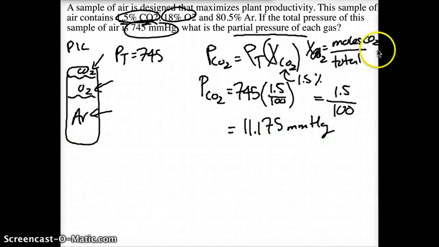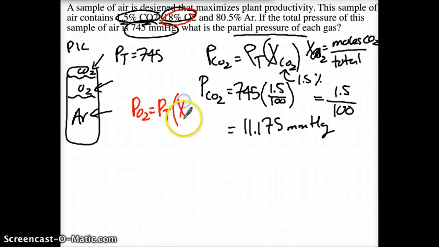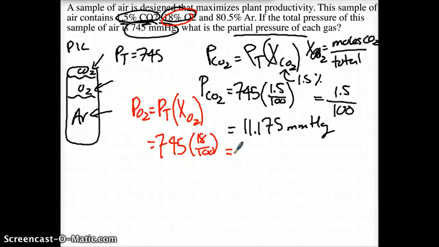What about my O2? Well, P of O2 is going to be equal to the total pressure times the mole ratio of O2, which in this case is 18%. So it'd be 745 times 18 over 100, which is going to give me a final answer of 134.1 mmHg.